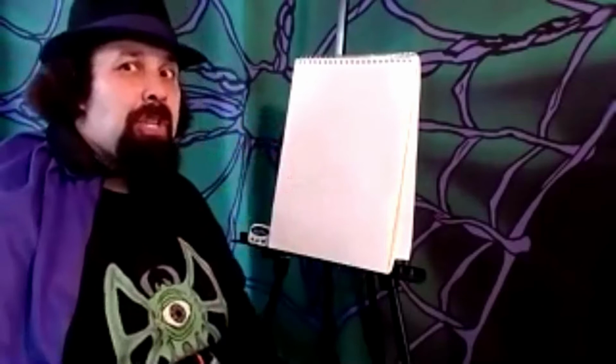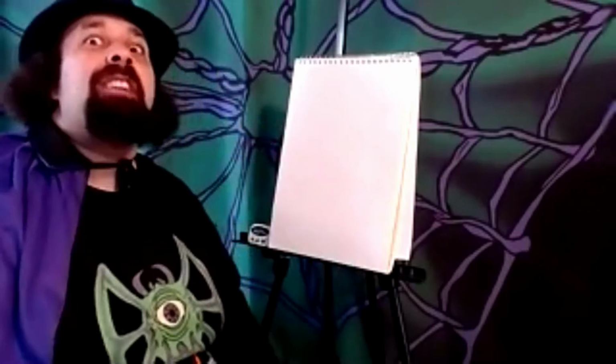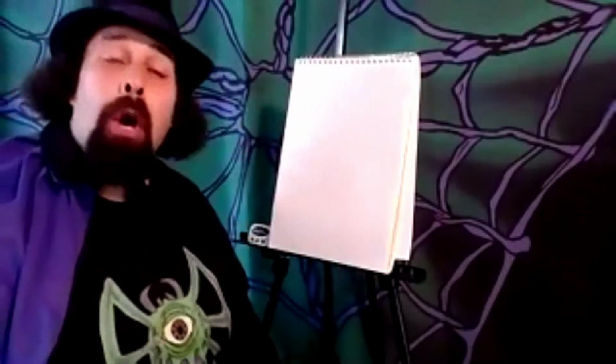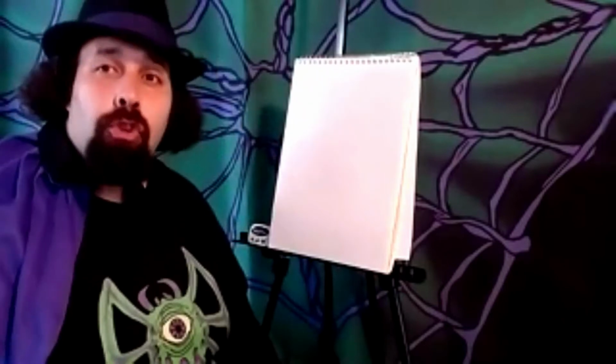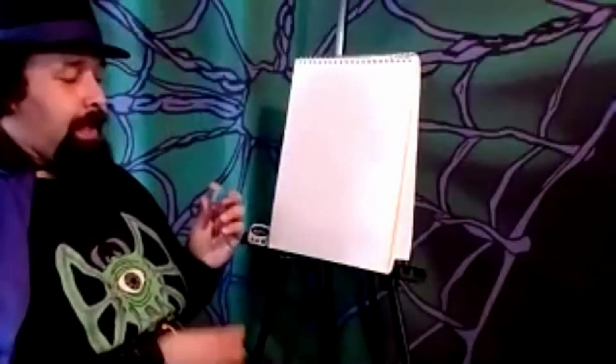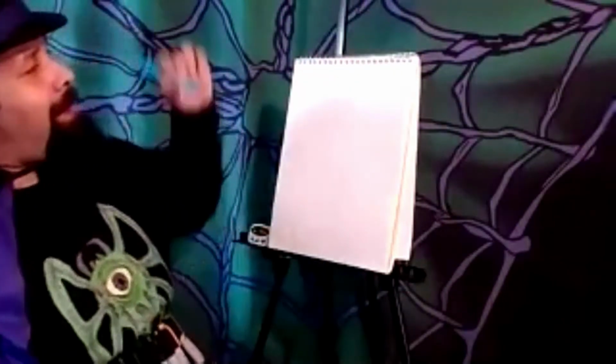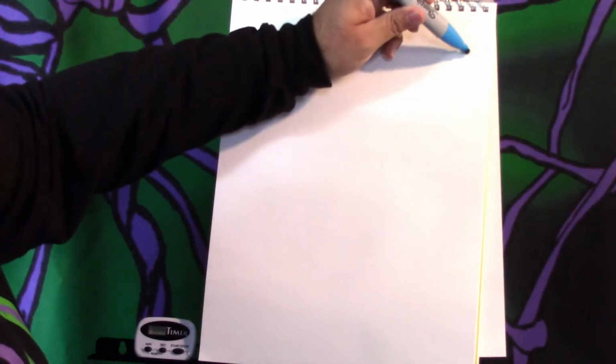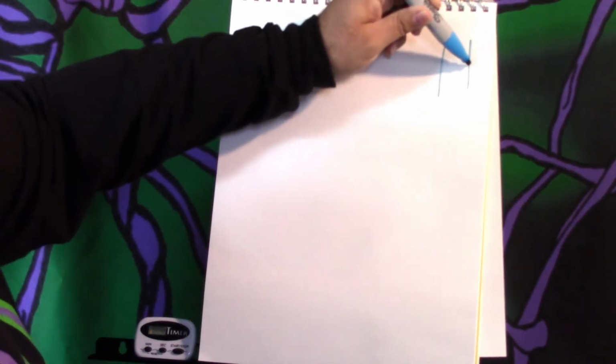Well, let me show you a trick on how to make your monsters grow. I call this the H trick. Ready? So you're familiar with the letter H, right? Very much like this.